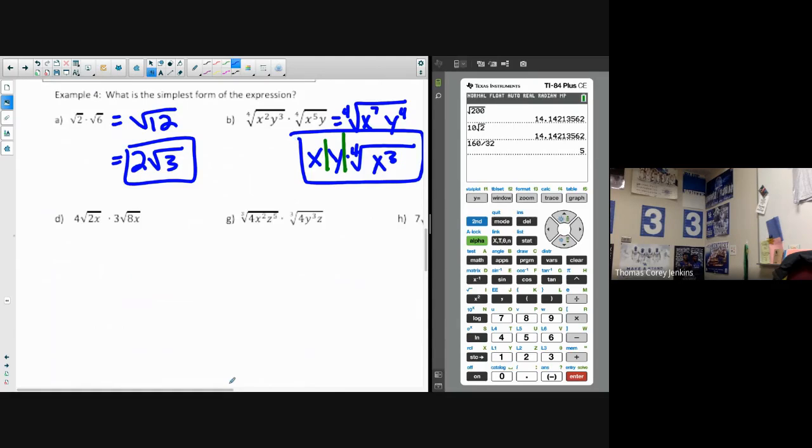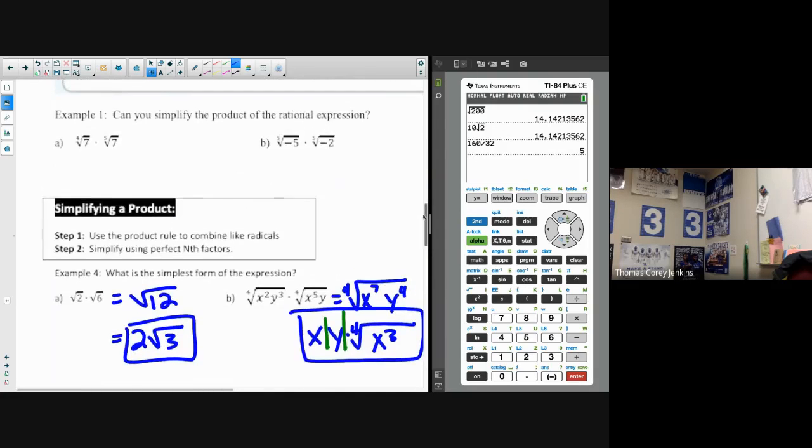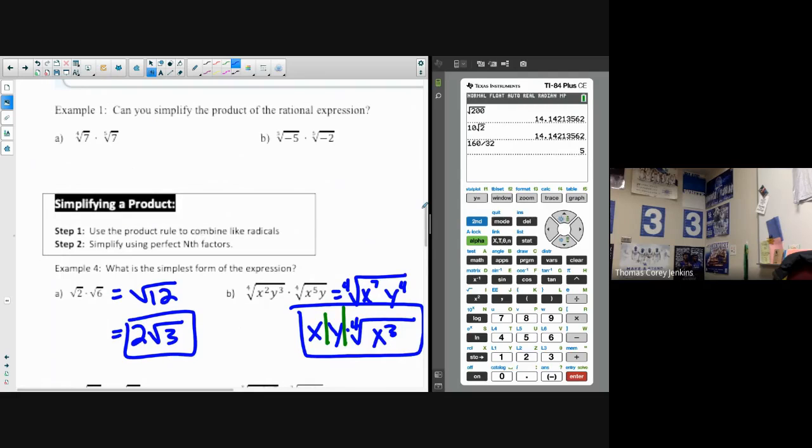So you see how these can get a little bit complicated. So let me go back over what I skipped there. All right, so can you simplify these? The answer here would be no, you wouldn't multiply these because those are different roots.